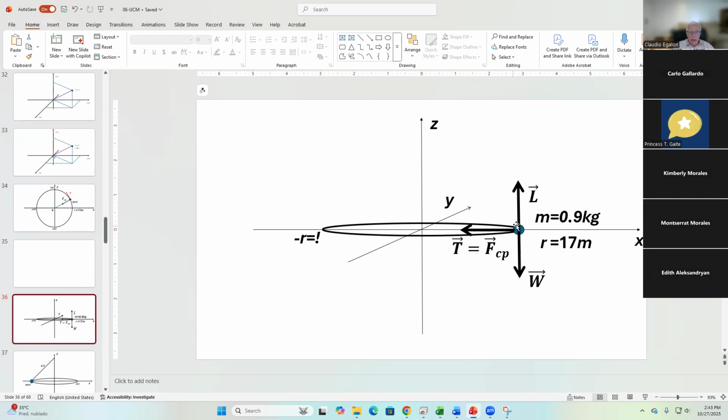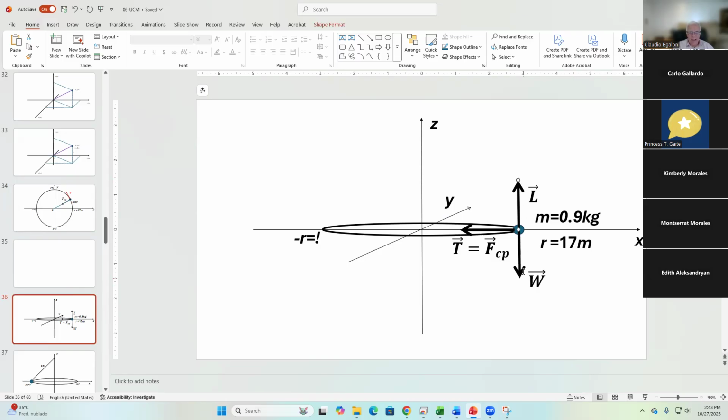Here's the string attached. Here's the weight of the plane. And like I said before, for an airplane to stay airborne, it must have a lift that's applied to its wings. Okay?